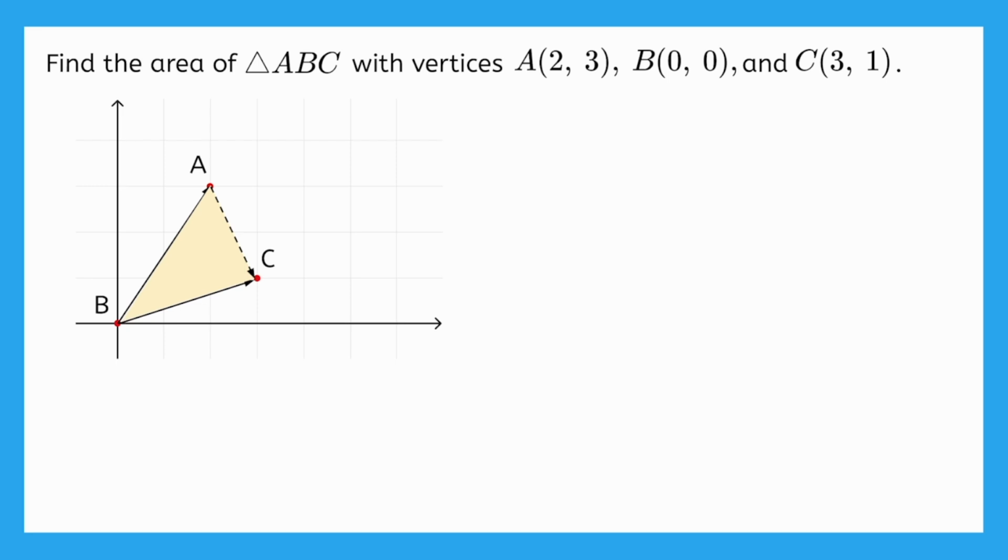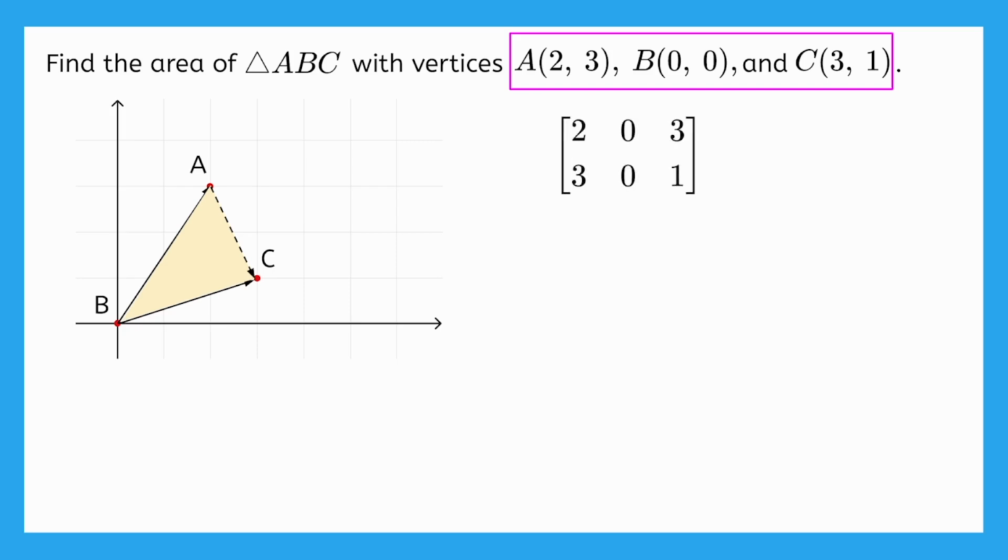Since this example gave us the coordinates of these vertices, let's look at how we represent those as a matrix. Just like with vectors, the vertices each become a column of our matrix. This leaves us with a 3 by 2 matrix. But we need a square matrix, so we'll add a third row of all ones. This will allow us to calculate the determinant without changing any of the values because we're multiplying by 1.